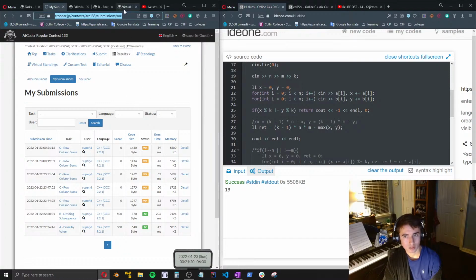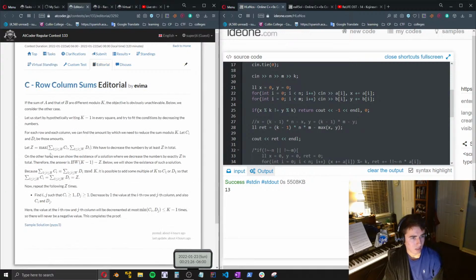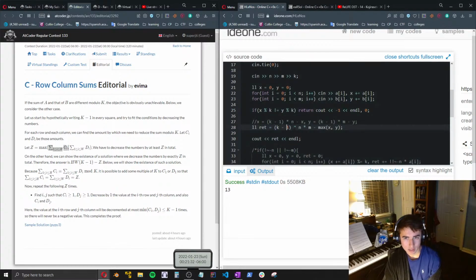No. Wait, what is it? What is the editorial saying? Z is equal to max of the sum of Ci and the sum of Di. I'm saying H times W times M, that's K minus 1.